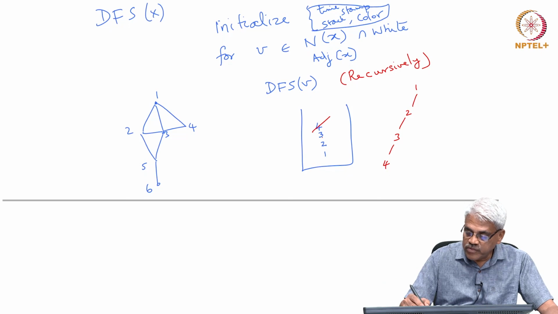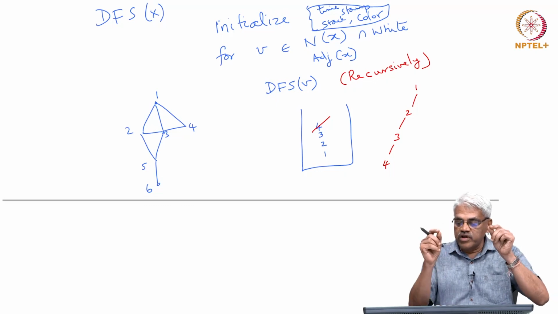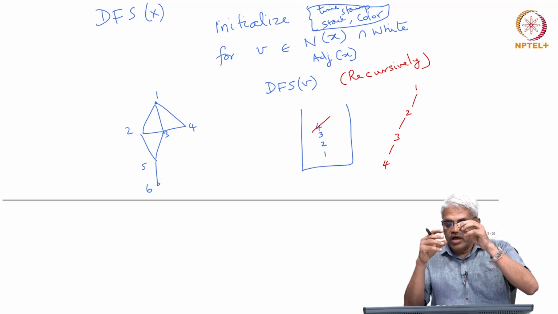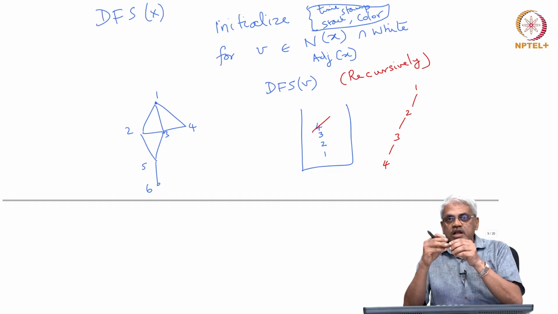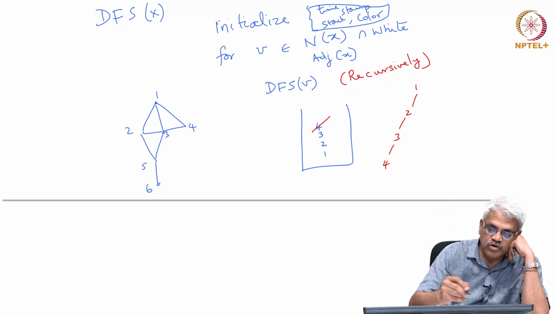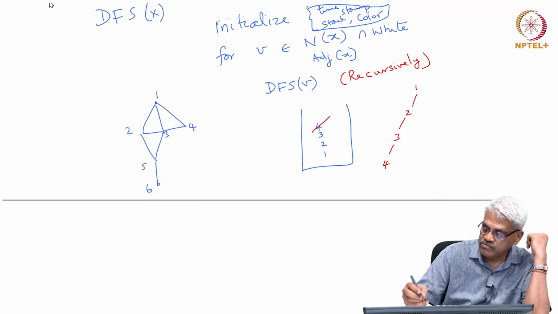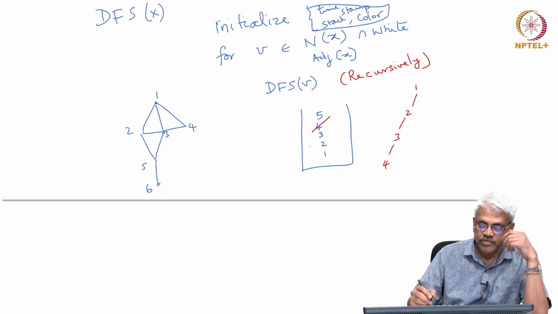And then I go to the top of the stack and see, have I explored all the neighbors of 3? No, remember it is inside that for loop. For every white neighbor of 3, you do something. So, I picked the first neighbor which is 4 and explored it. Now, the for loop will come to the next neighbor which is 5. So, I will add 5 to the stack, because that is the white neighbor of 3.